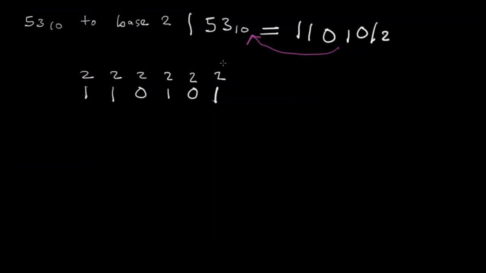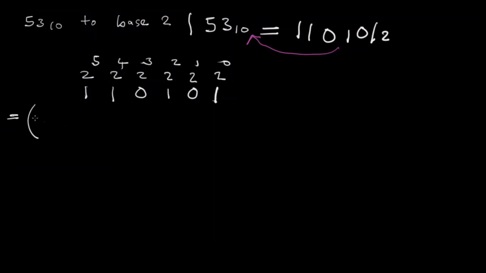Then starting from the furthest right, we are going to put a small power starting with 0 and in ascending order. Having done so, we are going to expand what we have done here.